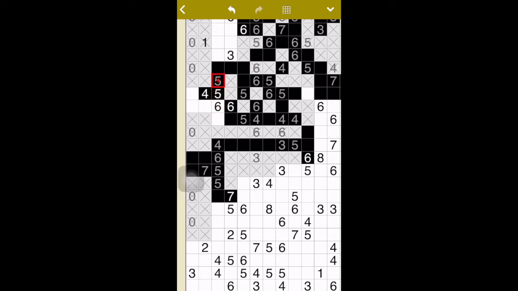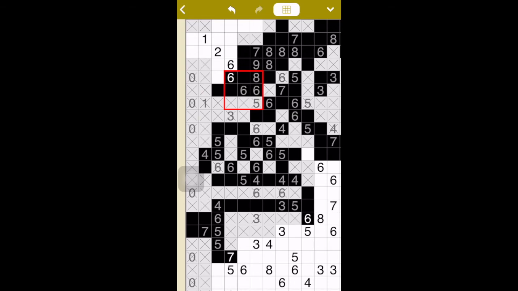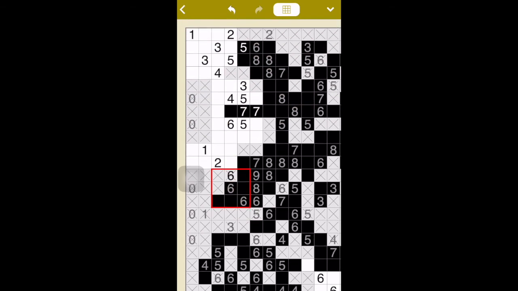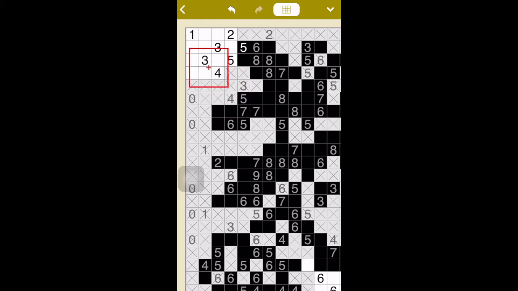Difference of 1, one black space. I need 2 down here. That would complete that. Okay, difference of one black space. So 2 in the left column. Get that. Okay, I got these as well.